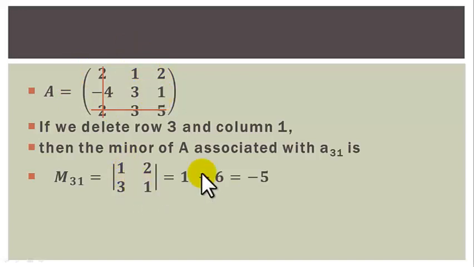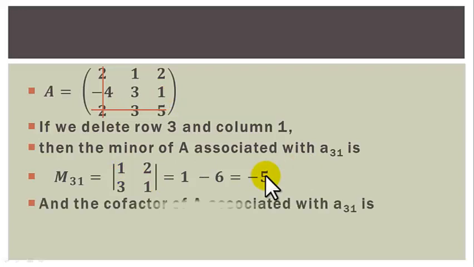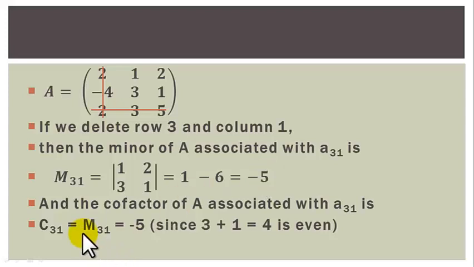And this determinant will give us -5. And the cofactor of A associated with A31 is C31. And C31 is equal to M31, since 3 plus 1 is even. And that will give us -5.